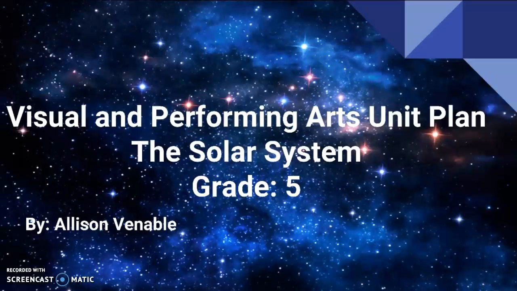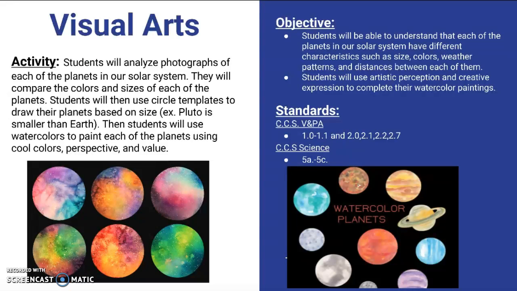Okay, let's get started. The first lesson is to integrate visual arts, and the activity they will be doing is students will analyze photographs of each of the planets in our solar system, and they will be comparing the colors and the sizes.